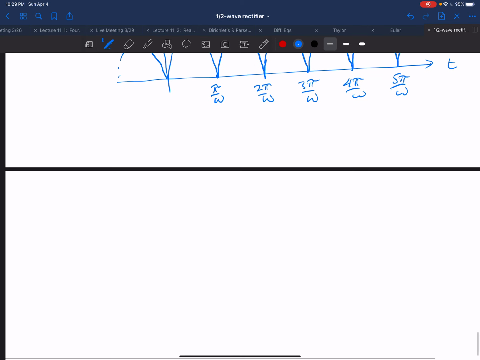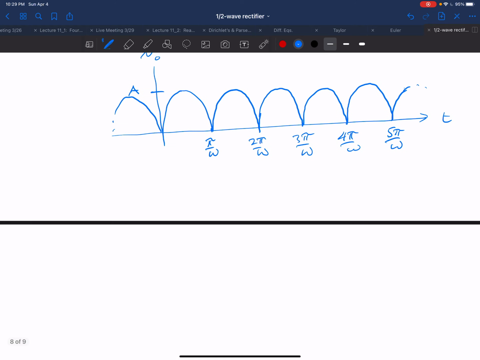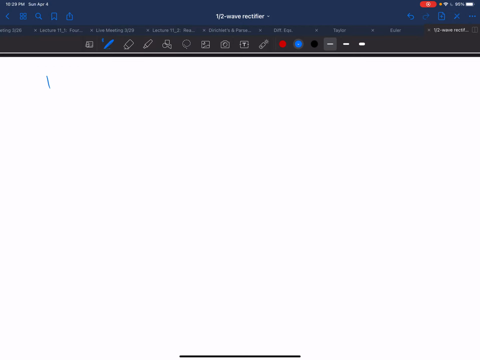So we can again compute a Fourier series for this nice periodic waveform, and we'll be able to see immediately from the coefficients that this will give us a much better head start when we're looking to build a DC power supply. What do we find in this case when we compute the Fourier series coefficients?